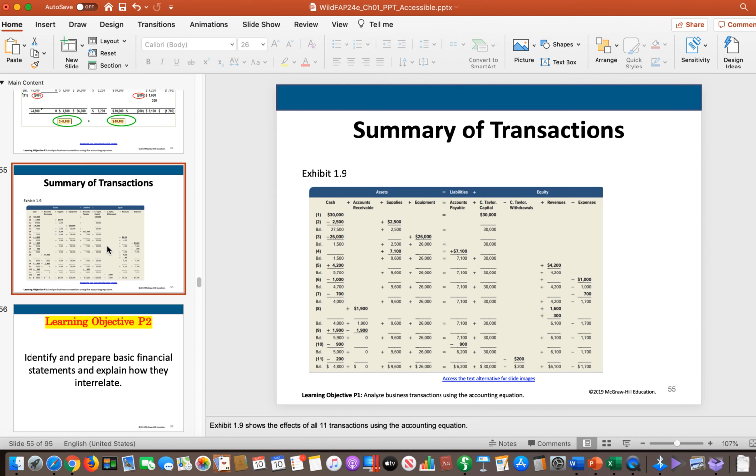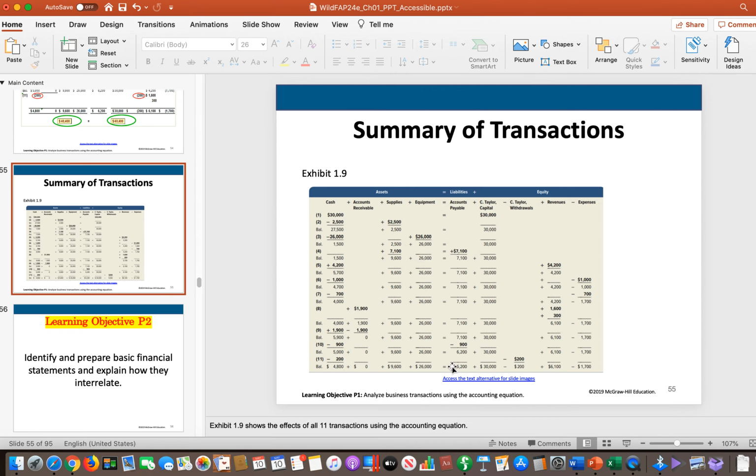And so, what do we have here? All these 11 transactions are summarized on this slide. Now, let's make sure we're in balance. We see here the balance at the very bottom. We're left with $4,800 in cash. No receivables because you got paid. $9,600 in supplies. Add that, plus the $26,000 in equipment, and we have $40,400.